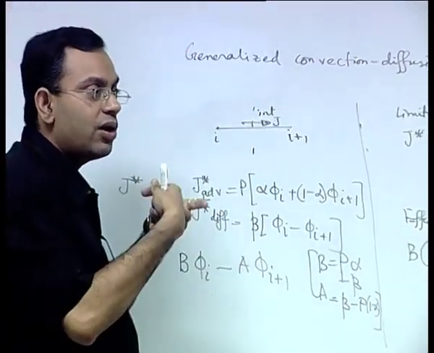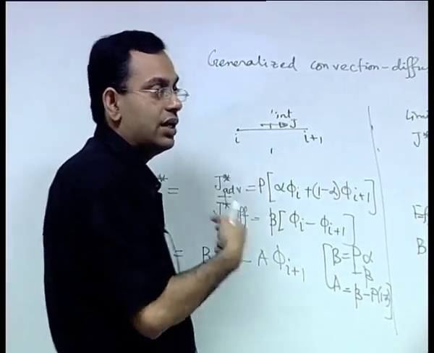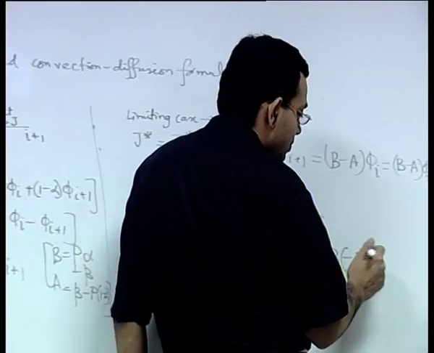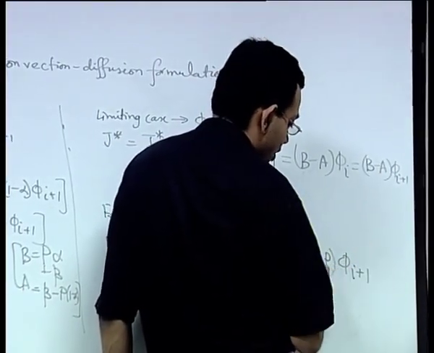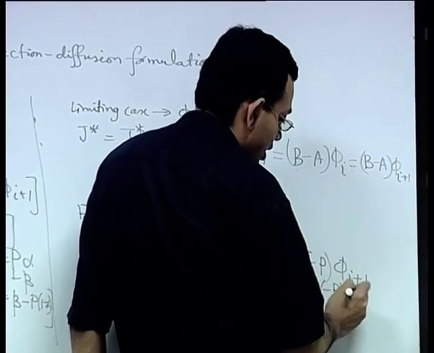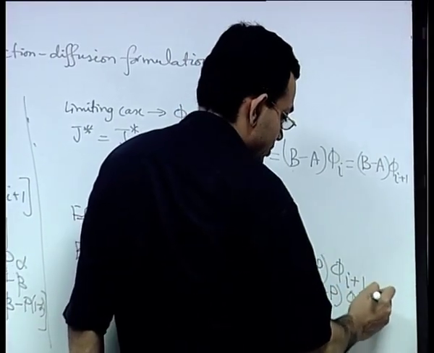Now if you reverse the flow, transport is from I plus 1 to I. So B of minus P into phi I plus 1 minus A of minus P into phi I.